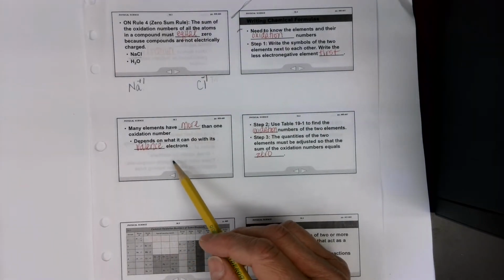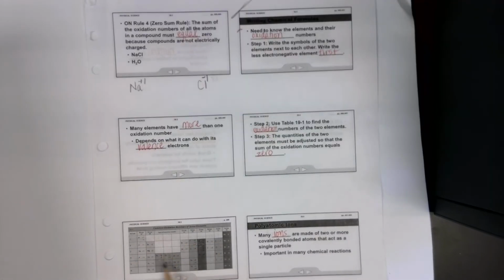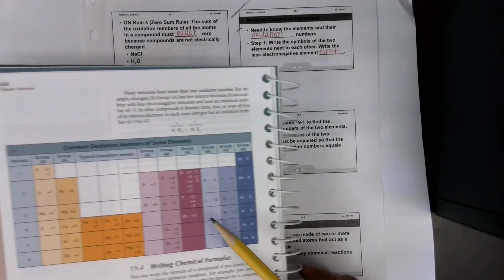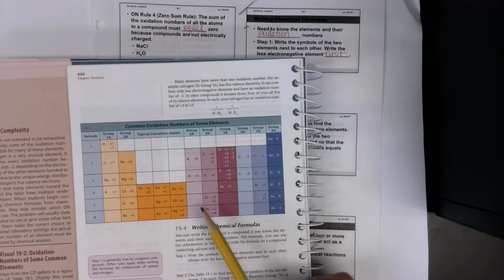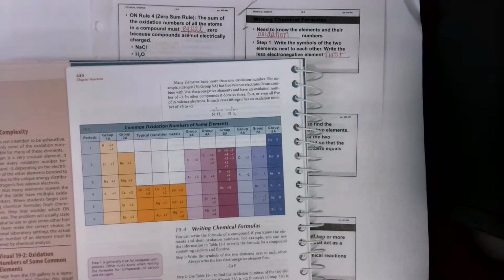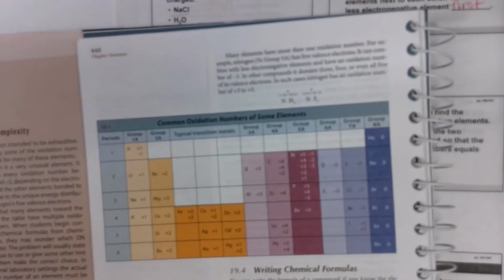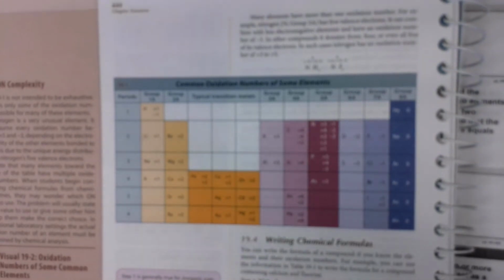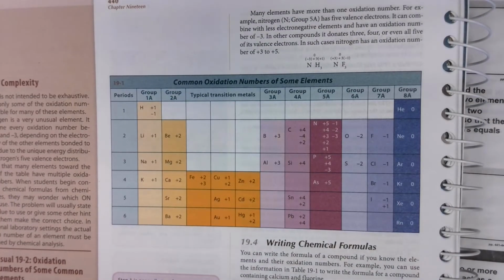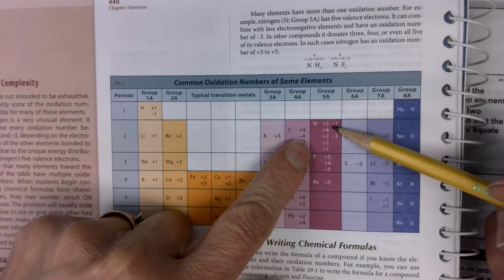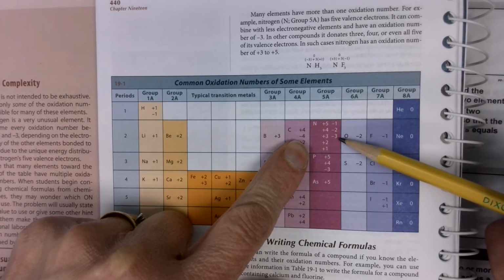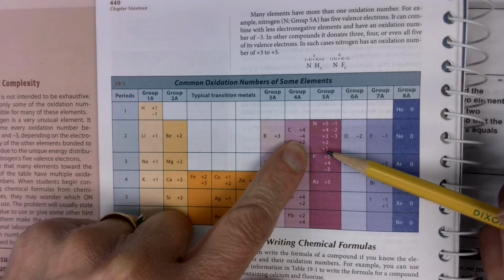Okay, so when we look at this chart, it's down here in your notes, and in the book it's found on page 440, and it's a little bit easier to see because of the colors. Let me look at an example here. For example, nitrogen, right? Look at all of the possible oxidation numbers that nitrogen can have.